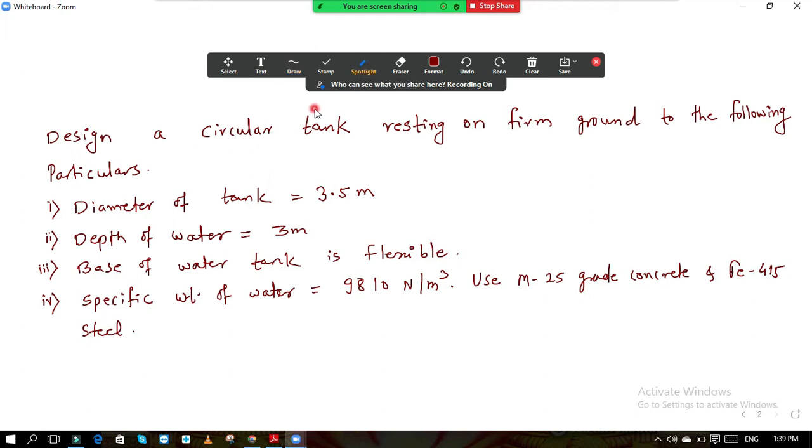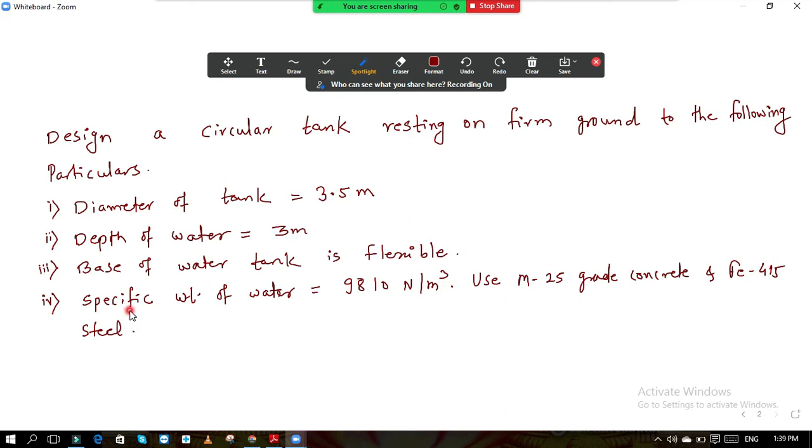So this is the numerical which is given. Design a circular water tank resting on firm ground to the following particulars. Diameter of tank is given, depth of water is given, base of the water tank is flexible. There are two types of base, flexible base and rigid base.